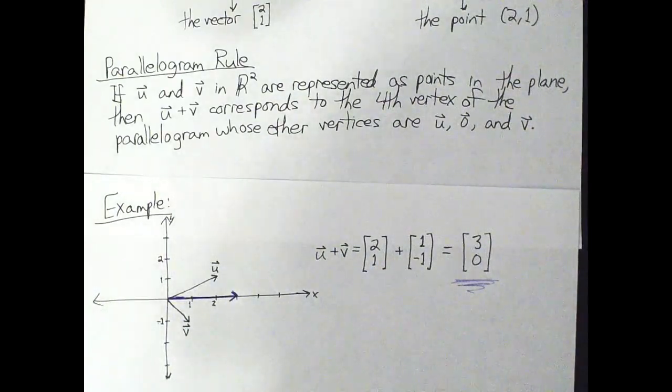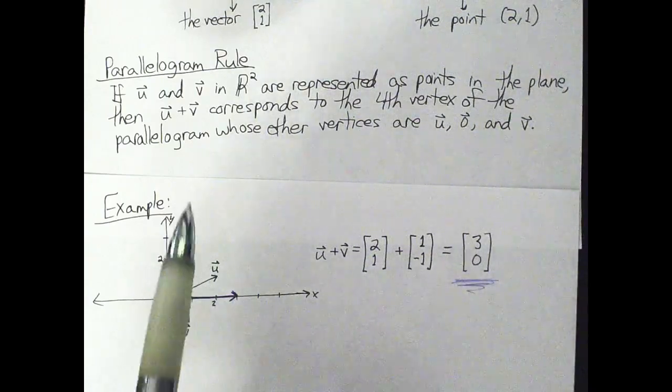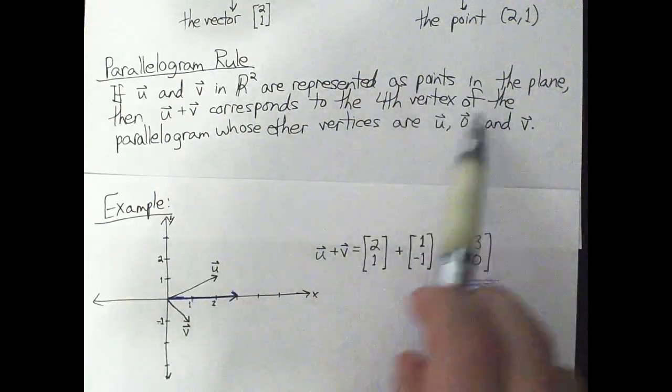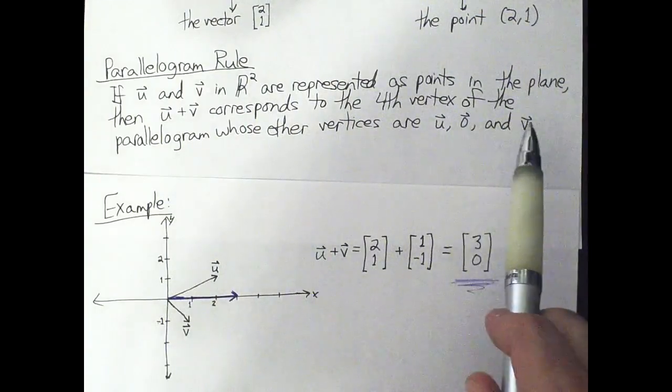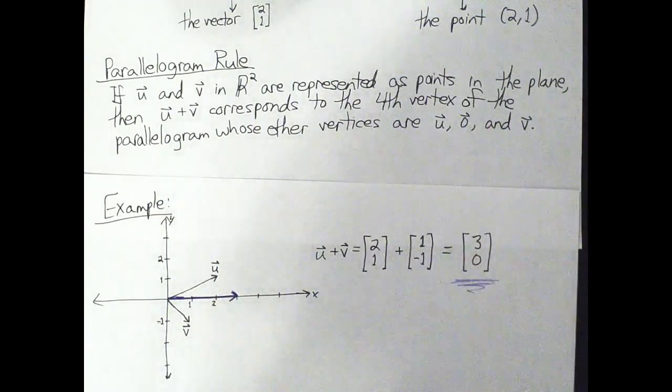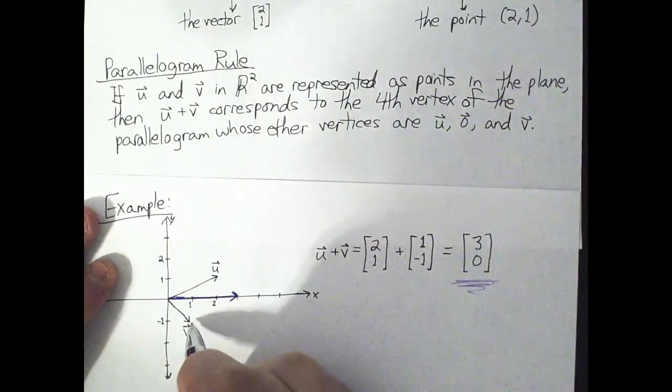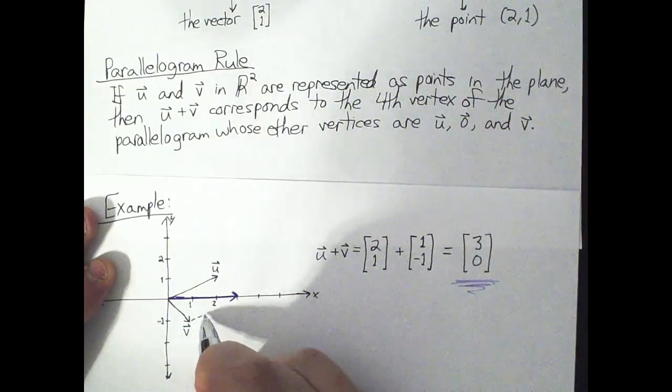Well, the parallelogram rule says that the sum that we got, 3, 0, should correspond to the fourth vertex of the parallelogram whose other vertices are u, the 0 vector, and v. So we do, in fact, get a nice little parallelogram if we were to connect these.